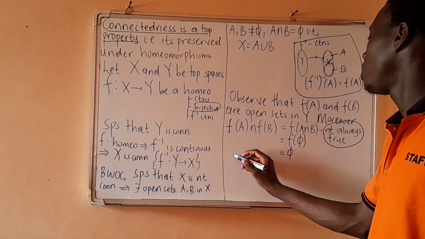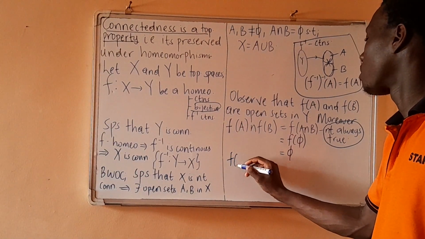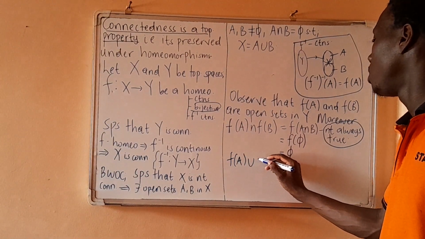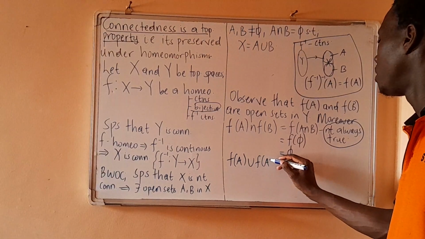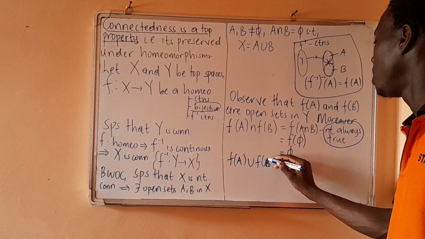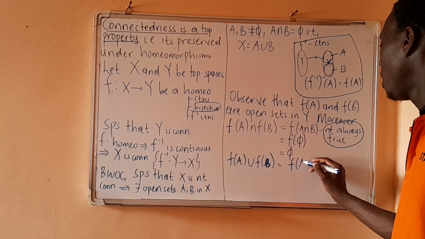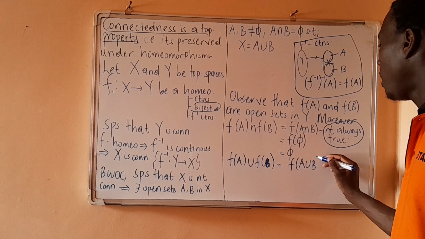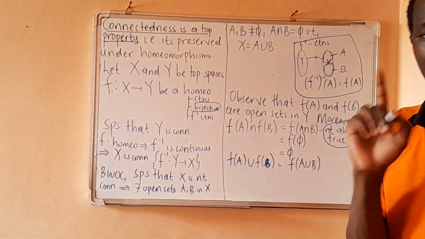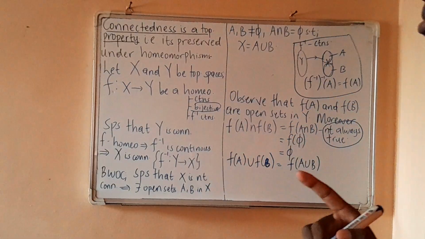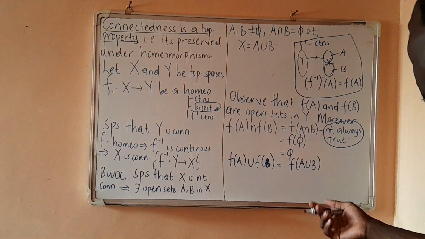Let us compute the union. f of A union f of B is f of A union B. Why am I taking f outside? A homeomorphism is an injective map, so you can do this.